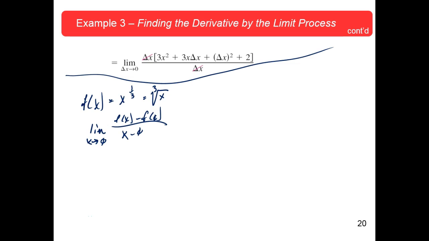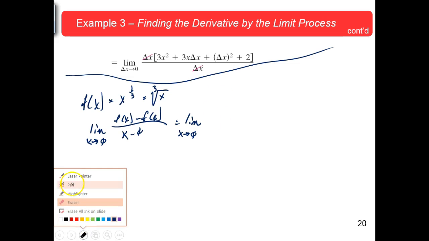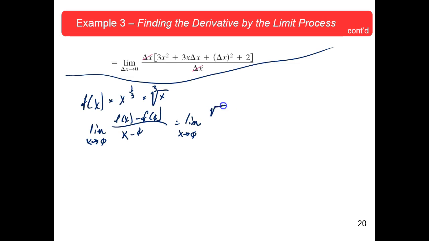Let's see what happens. This would be the limit as x approaches 0 of the cube root of x, that's what f of x is. You can do x to the 1/3, but I bet you'll see it better if I leave it as the cube root of x.